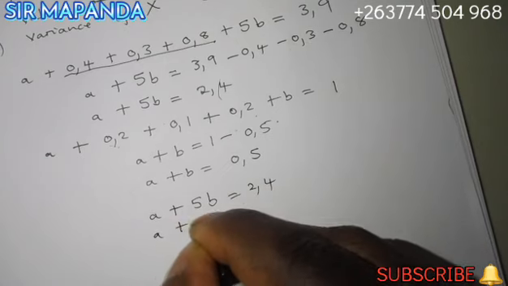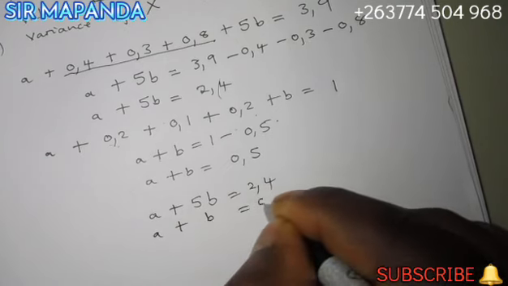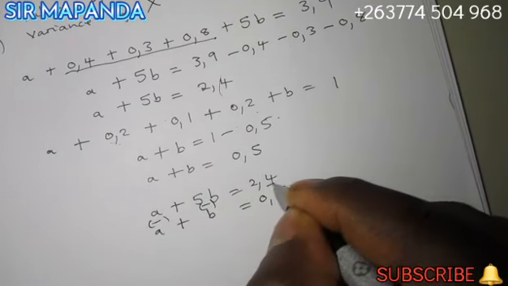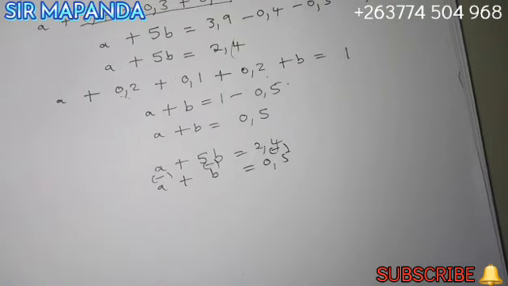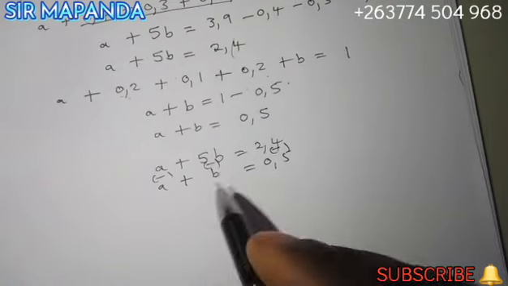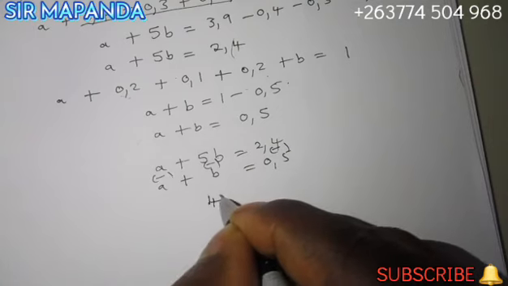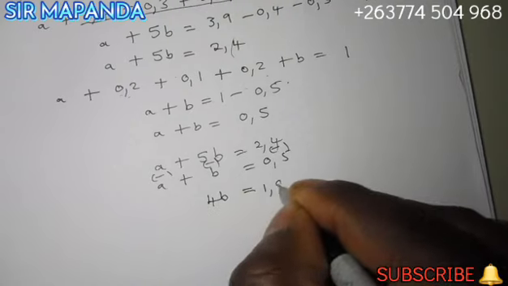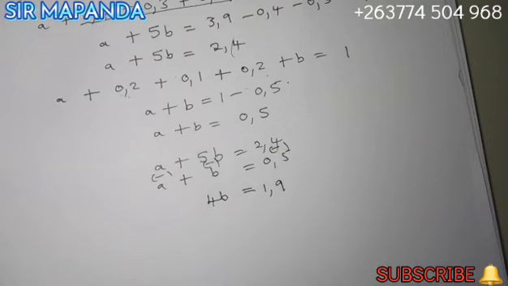Then a plus b is equal to 0.5. So put negative signs in between like terms so that we subtract equation 2 from equation 1. a minus a, you get 0. 5b minus b, it gives you 4b. Then 2.4 minus 0.5. What do you get? 1.9. I hope you are following.